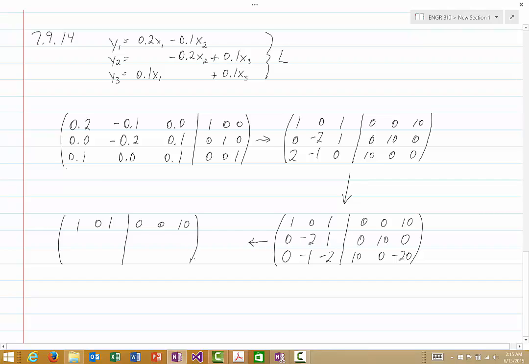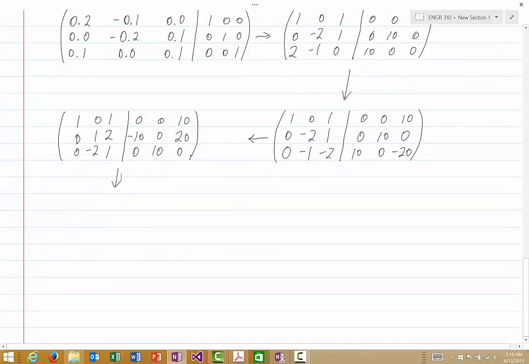And when we multiply the last row by negative 1 and switch it with the second row, then the second row becomes 0, 1, 2, negative 10, 0, positive 20. And again, that's happening because we're interchanging the second and third rows, and we're multiplying this row down here by negative 1. And then the second row now becomes the third row, 0, negative 2, 1, 0, 10, 0.